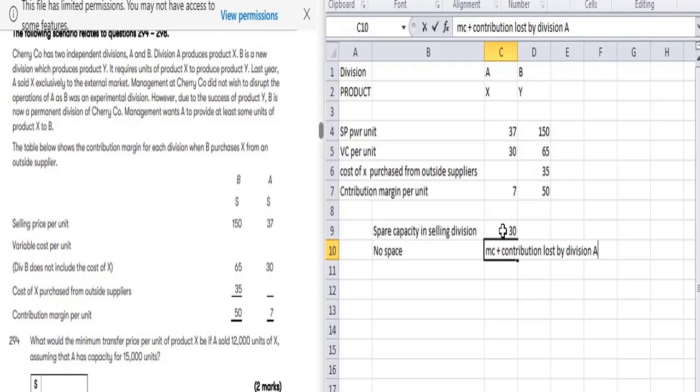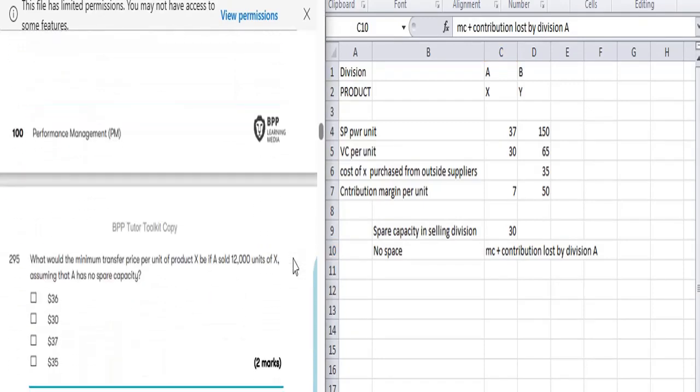Whatever contribution is lost by not selling externally because of the internal sale would also be added to the marginal cost to determine the transfer price. If we find such a question, it will make this clearer. For now, just understand that in case of spare capacity, the transfer price will be equal to the marginal cost of the selling division.